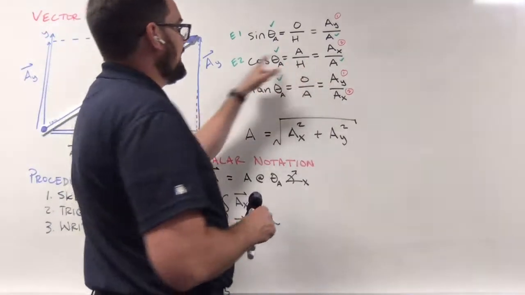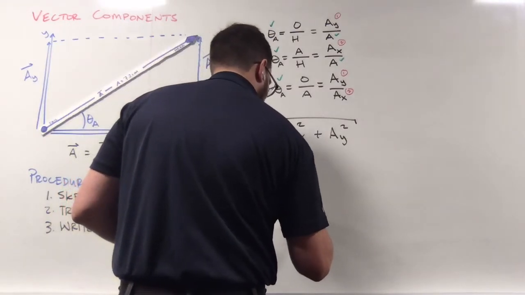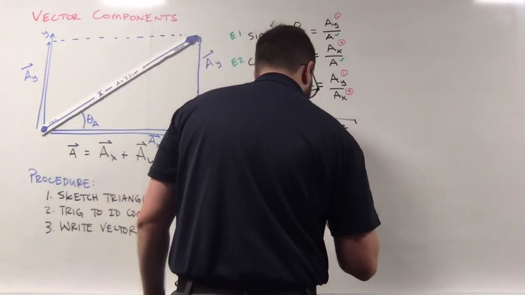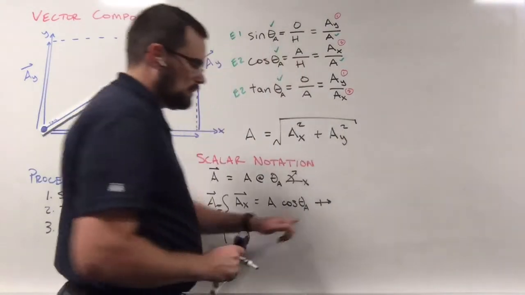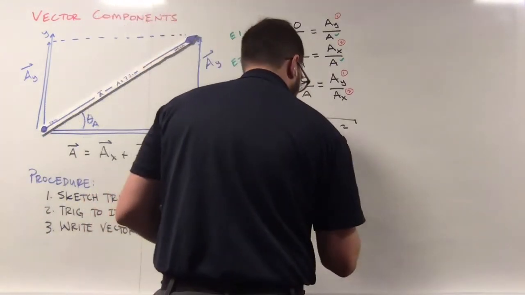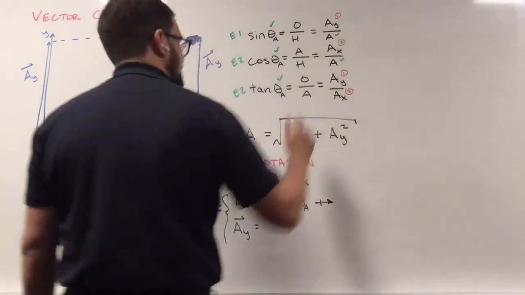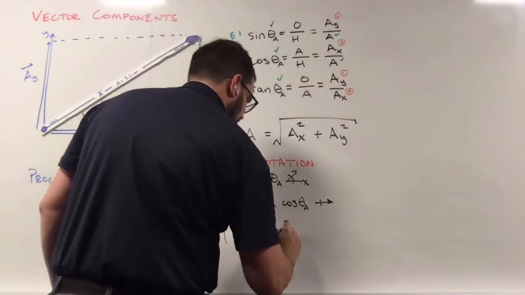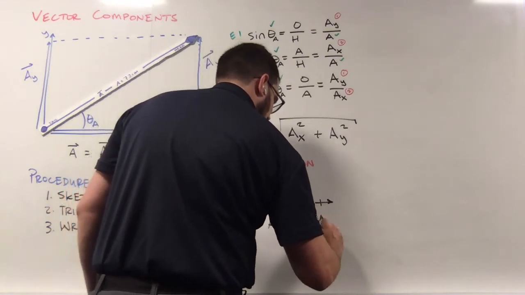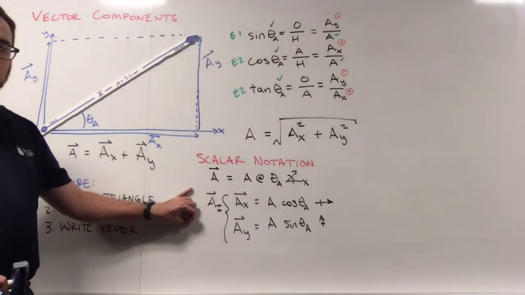And so we'd multiply the A across and we'd be able to say A cosine theta A. That's my magnitude. And then I'm going to give it the direction arrow. And I've drawn a little positive sign, so now it makes a plus with an arrow to the right. And that indicates my positive direction there. Likewise, I can use sine to solve for AY in this case. And then that's going to give me the vertical component. So this is scalar notation for this same thing.